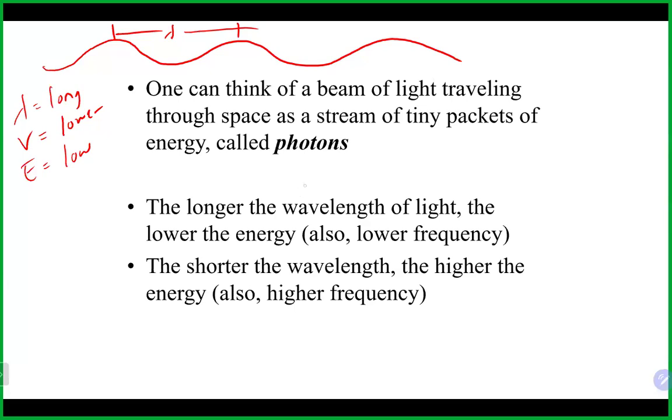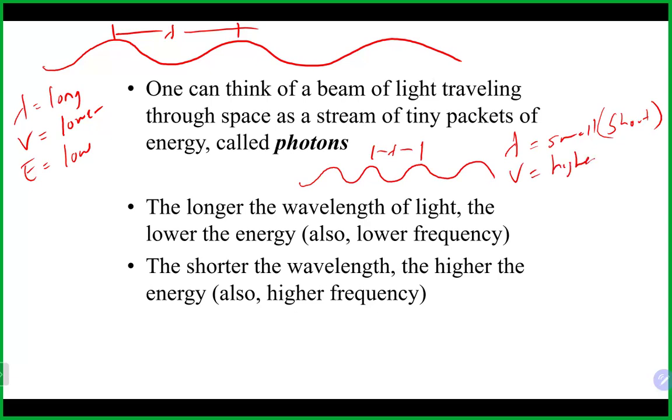That is different than if we had a much smaller wavelength here. So if our wavelength is small, or short, we typically will have a much higher frequency, and that is usually associated with a much higher energy.